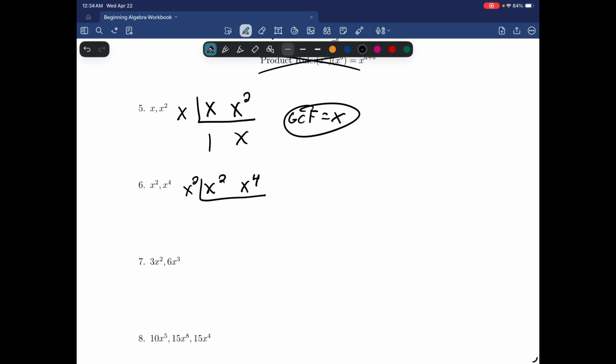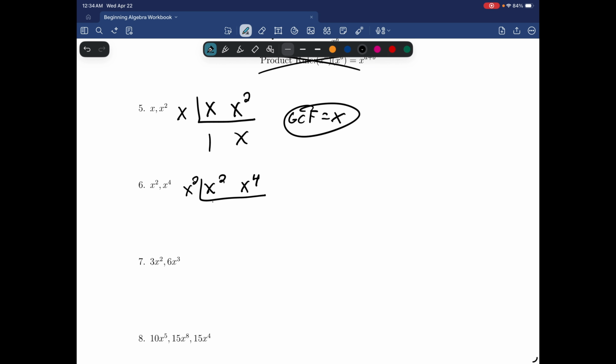And just as a little hint to set you up for success, whenever you're doing greatest common factor problems, always just divide by the smallest exponent that's in the problem. So like here, notice we divided by an x, and an x just has an invisible power of 1. So I divided both these terms by just that power of 1. Here I'm going to divide both these terms by the smallest power, which is 2.